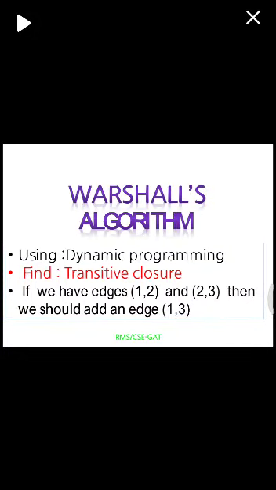Hello, good morning everyone. So today let's discuss the working of Warshall's algorithm using dynamic programming, which is used to find transitive closure for a graph. First we should know the meaning of transitive.